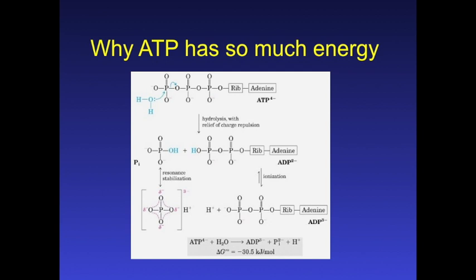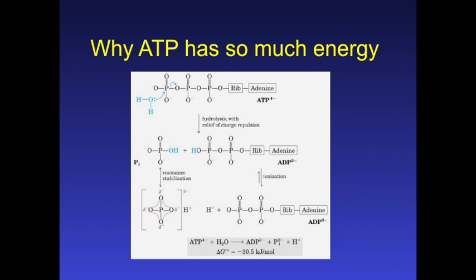We've already talked about this. We said the energy of ATP resides in why? There was a concentration of what really close together? The negative charges. That is one aspect of why there's a lot of energy in ATP. Here's the second aspect.